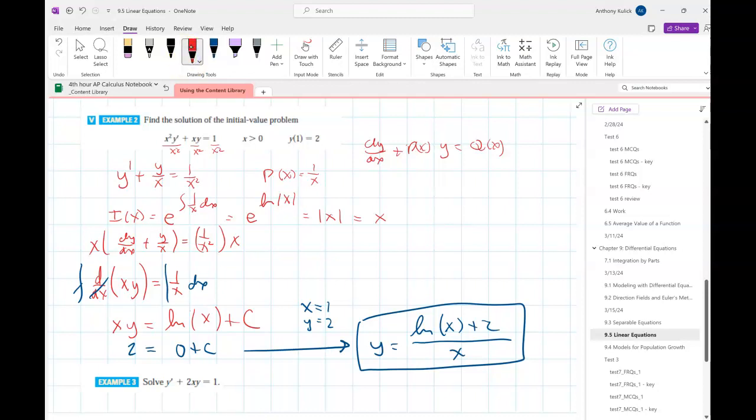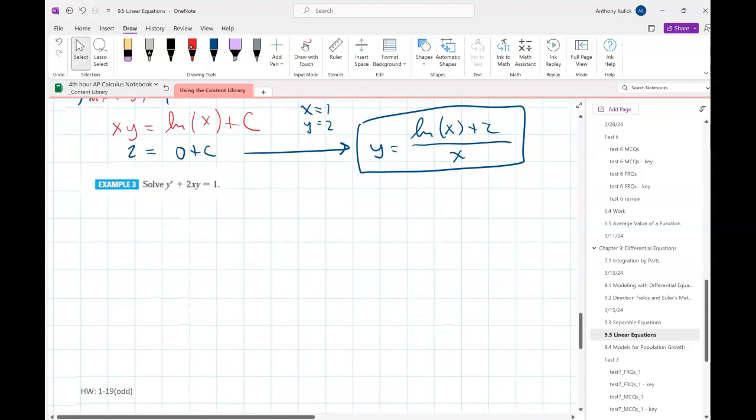Is this feeling okay? In general, I think this is pretty straightforward. There's some stuff to memorize, like the formula for the integrating factor, and make sure you have the formula for a linear differential equation, but the calculus parts are usually pretty straightforward.